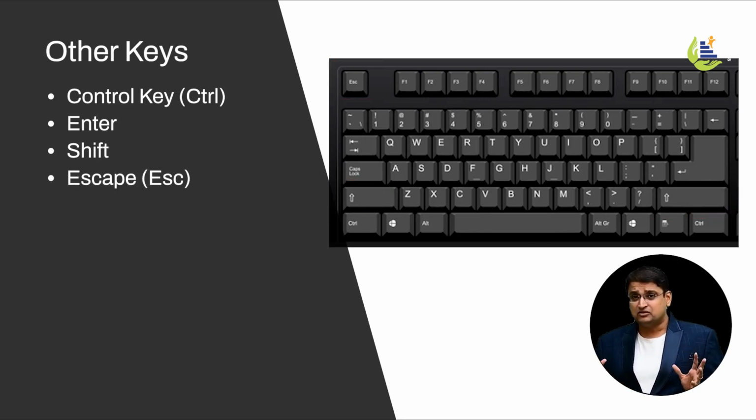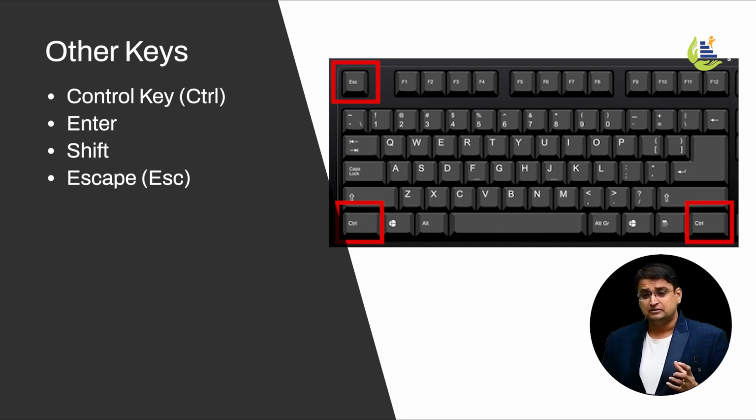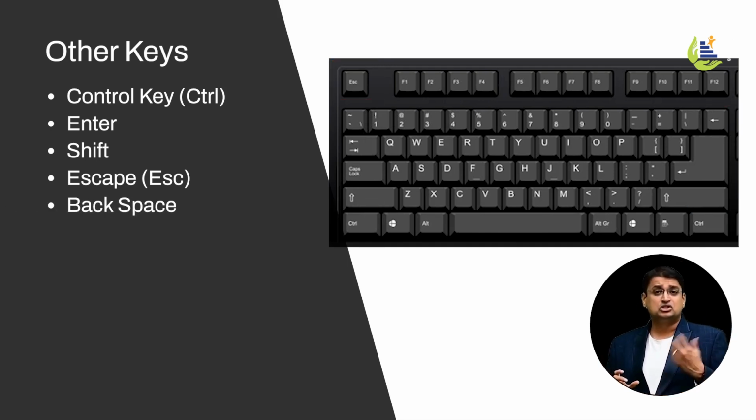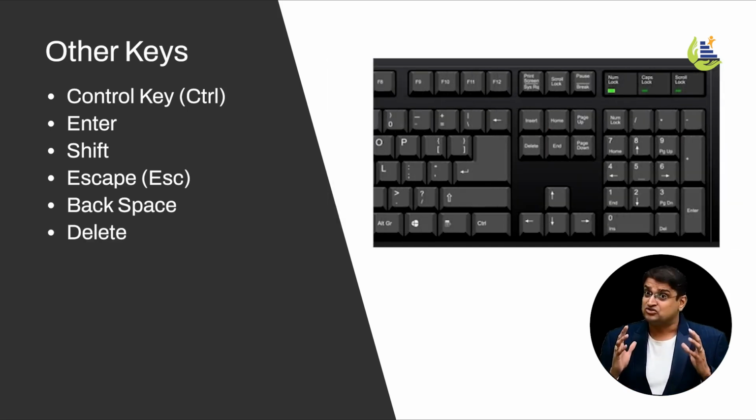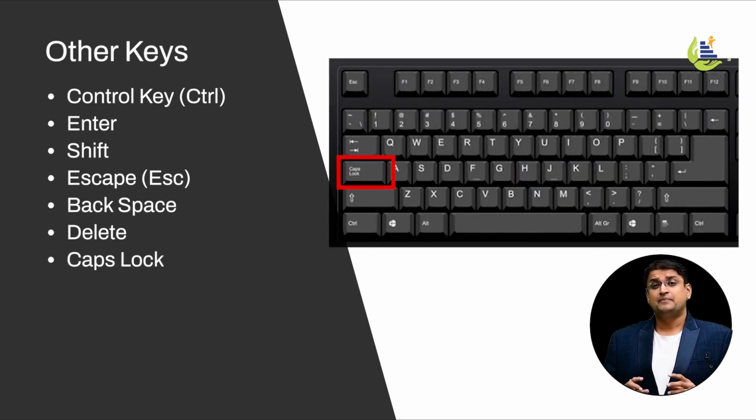Escape. It allows a user to cancel or abort operations which are executing at present. It opens Start menu with the combination of Control key. Backspace. It is used to erase anything typed. Delete. It is used to erase information from the computer's memory and characters on the screen. Caps Lock.